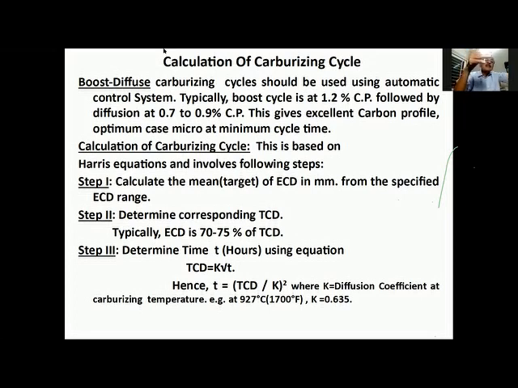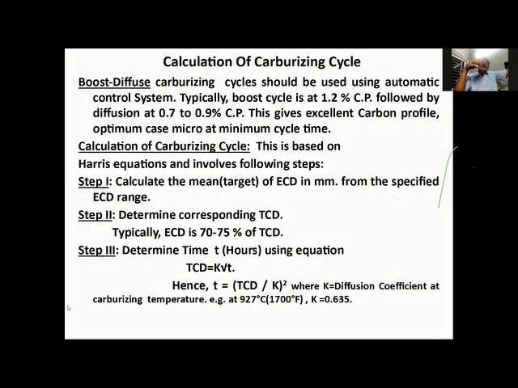And the next important equation is: total case depth is K root t. K is the diffusion coefficient at that temperature, and t is time.